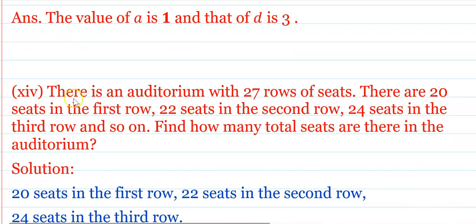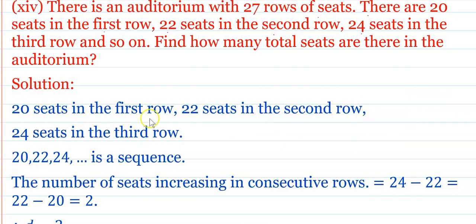Now the next. There is an auditorium with 27 rows of seats. There are 20 seats in the first row, 22 seats in the second row, 24 seats in third row, and so on. Find how many total seats are there in the auditorium.